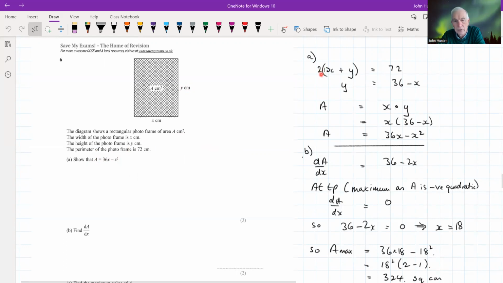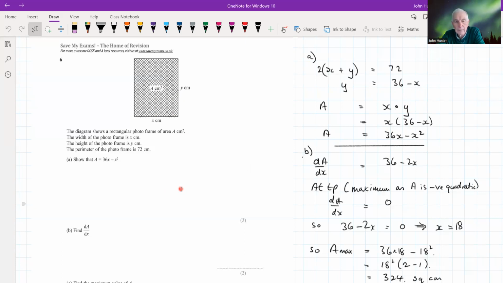So this is the perimeter: 2 times X plus Y, 2X plus 2Y equals 72, and we can rearrange that to Y equals 36 minus X. Now when we look at the area, it's X times Y, but we've got a substitution for Y. So we can take this 36 minus X and put it into there, and when we expand that, we get A equals 36X minus X squared as directed.